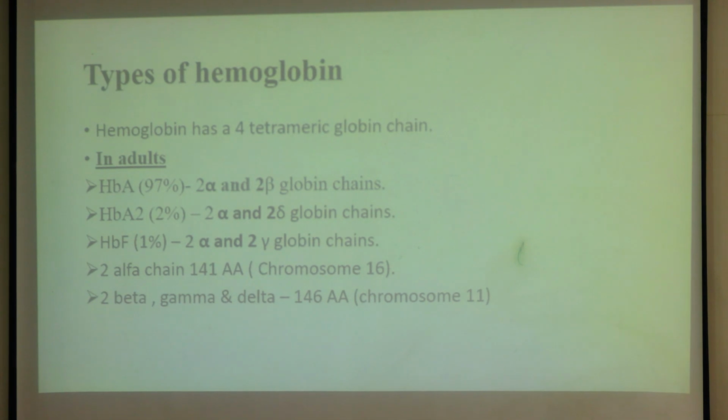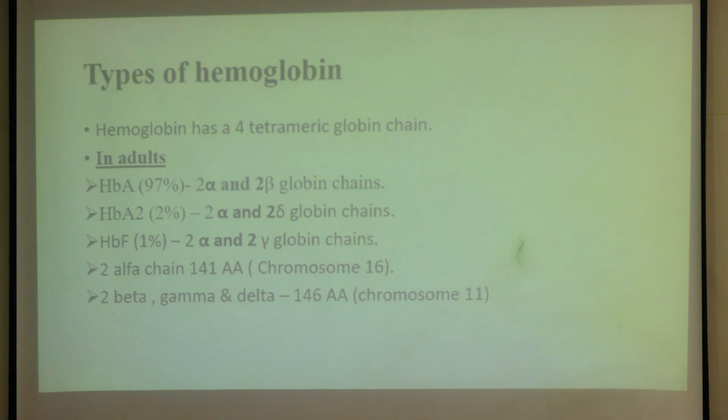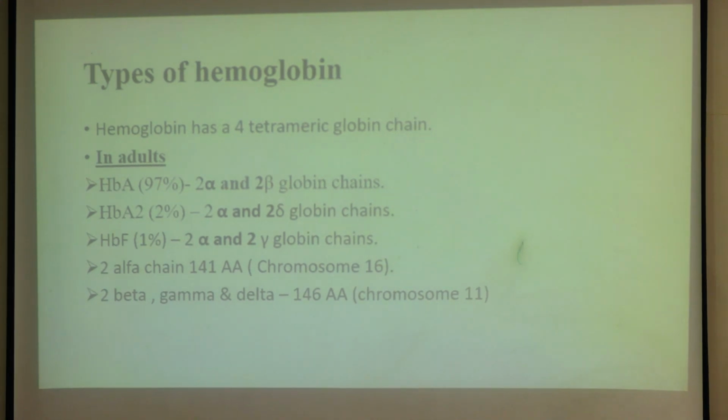Apart from this HbA, we also have some other minor variants like HbA2. It consists of 2 alpha chains and 2 delta chains. And apart from this, we have a very minor amount, less than 1%, of fetal hemoglobin. इसमें 2 alpha chain रहेगा और 2 gamma chain रहेगा.